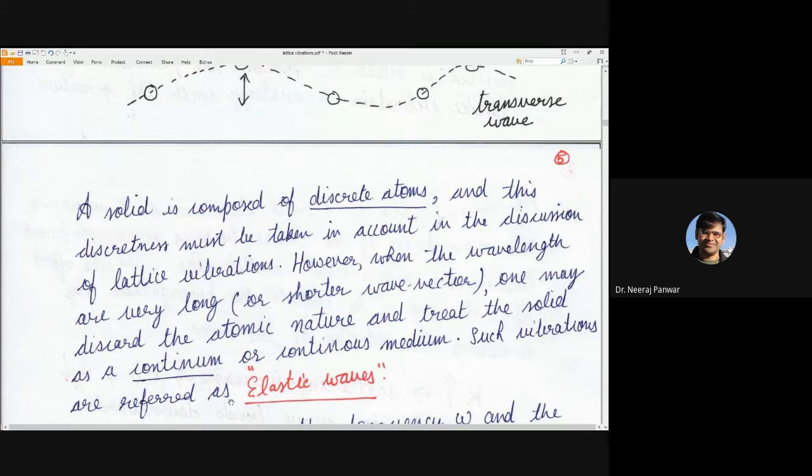So sound waves in a solid, for example, or ultrasonic waves which propagate inside the solid, are also known as elastic waves, and for those waves the solid behaves as a continuum. But we will also see the cases when we need to consider the discreteness of atoms.